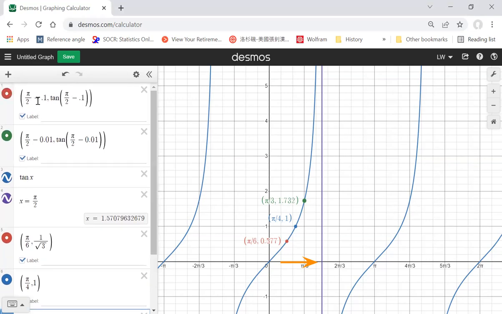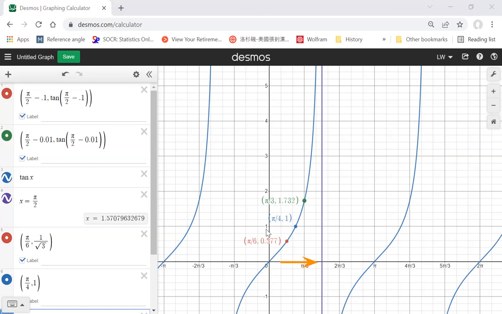Pi over 2 minus 0.1, we saw that point, right? You can see, you don't even see these 2 points. I have them both labeled. So now I'm going to remove this arrow. Well, I can just keep it there, and when it bothers us, we're going to remove it. So there's a red point, there's a green point.